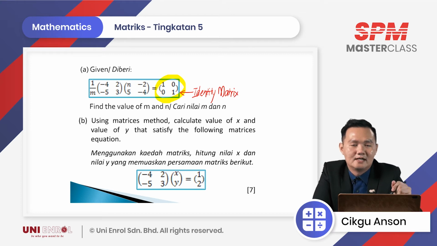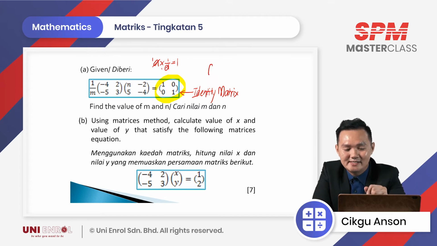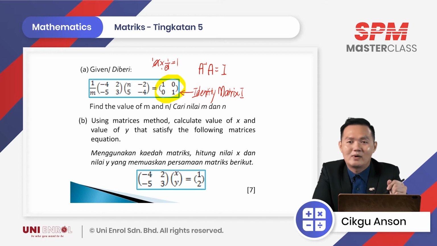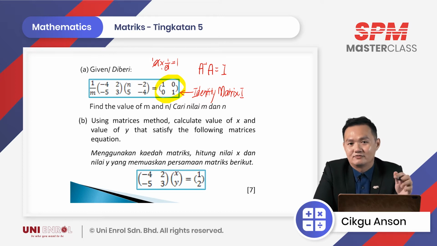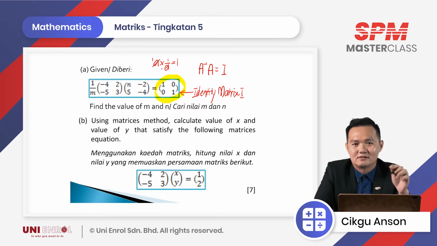Very simple. A times 1 over A, what do you get? It equals 1. For a matrix, can or not? Yes. When you have the matrix A and you multiply it by the inverse matrix, you'll get back the identity matrix I. Normally the identity matrix you can see as 1001, or 100 if 3 times 3, 1000, 10001.